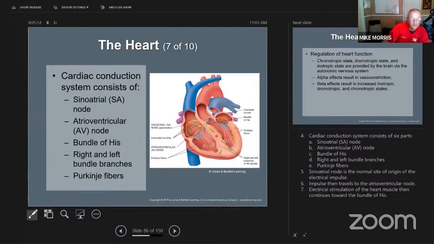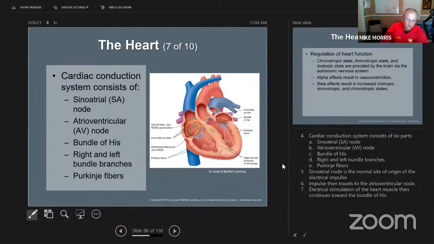So these could beat 100 beats per minute, right? But are they beating strong? Are they beating weakly? Somewhere in the middle? Well, it's that inotropic state that will actually control the strength of that contraction.